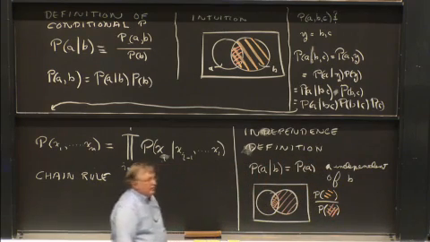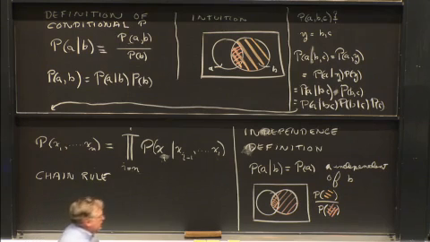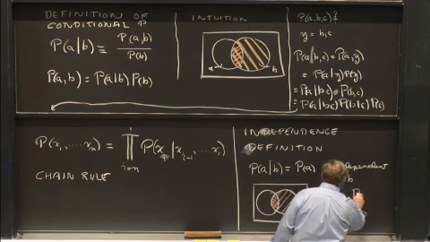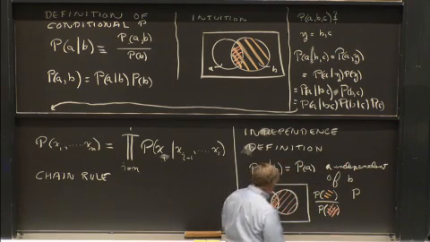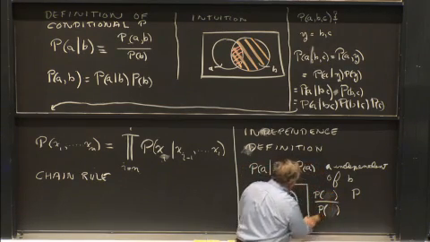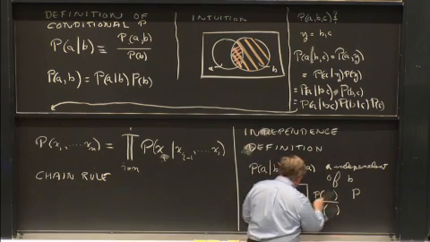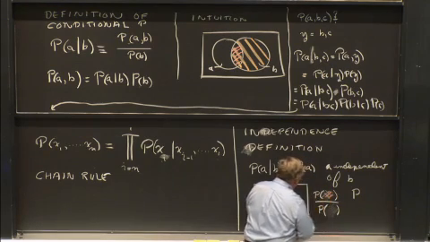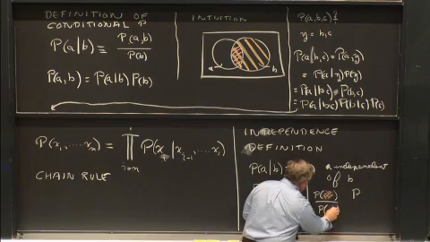So what's the probability of A in terms of these areas? Well, let's see, I got this upside down. The probability of A given B is the probability of the stuff in the intersection, so that's both ways, divided by the probability of the stuff in B, which is going this way.